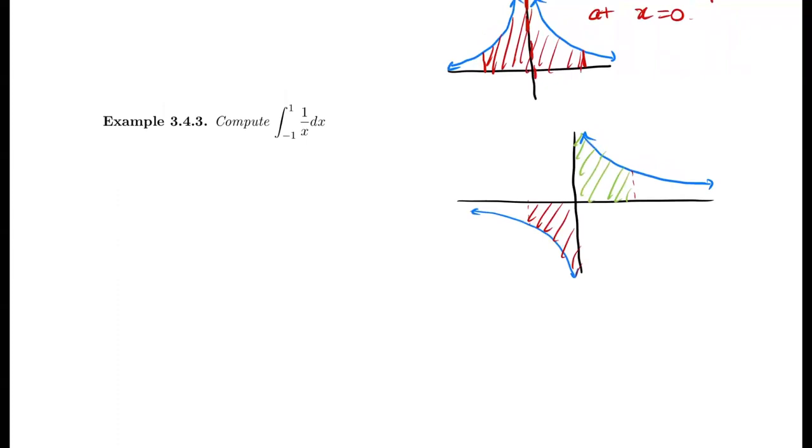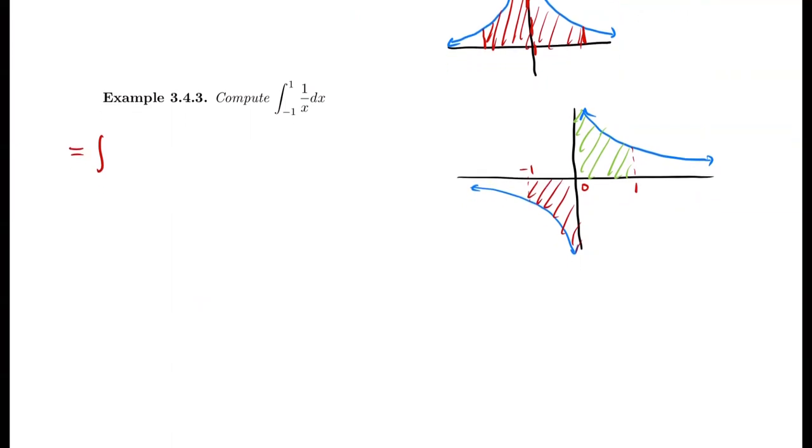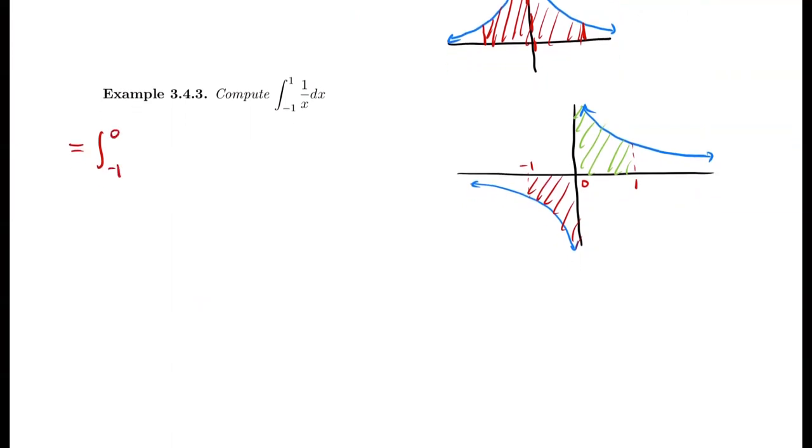Well, here's the thing. I'm going to break up the interval so that we can evaluate from negative 1 to 0, and then from 0 to 1. That was one of the properties that we had a look at. So the integral between negative 1 and 0 of 1 divided by x dx plus the integral from 0 to 1 of 1 over x dx.